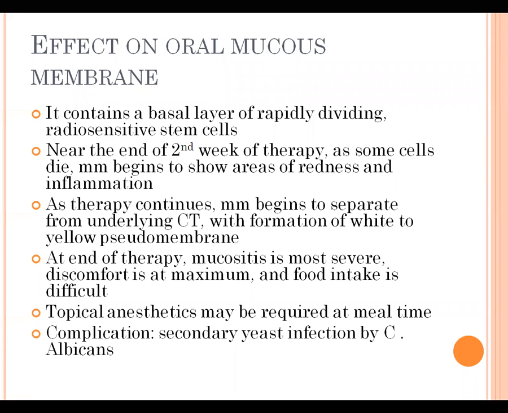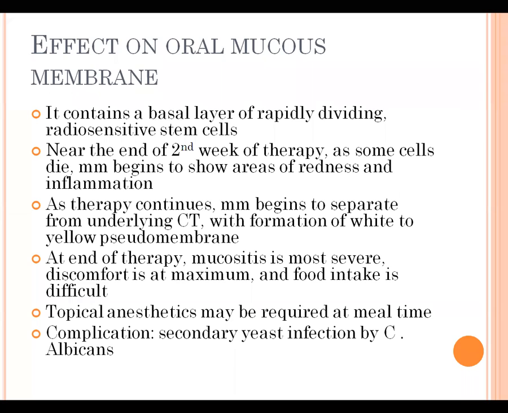Near the end of the second week of radiotherapy, as the cells die, the area becomes more sensitive and reddish due to inflammation. When the radiation therapy goes on into the second week, due to the radiations these cells are arrested in the basal layers, which gives the appearance of redness due to the inflammation.